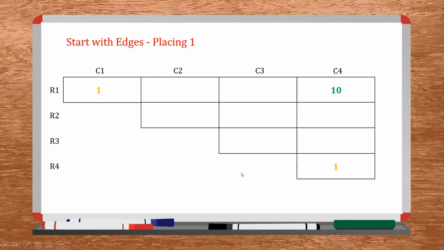Since this is not 100% freezed, this is either or. I'm using the amber color to mark the point of 1. So I'll be placing 1 either in the first slot of R1 or in the last slot of C4. Between only these 2 points, 1 can be freezed.